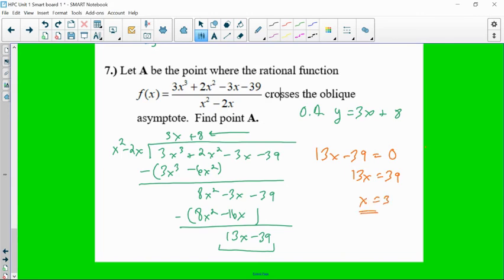Now you can substitute 3 into the original function where all the x's are, or you could substitute 3 into the oblique asymptote. It doesn't matter. You're going to get the same. So my suggestion is the oblique asymptote. So y equals 3 times 3 plus 8, which is 9 plus 8, which is 17. So now my cross point is equal to 3, 17.